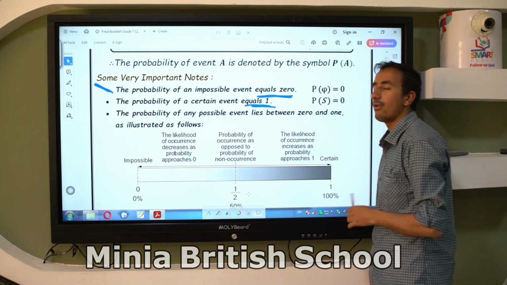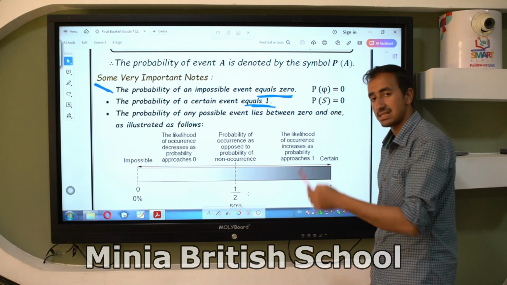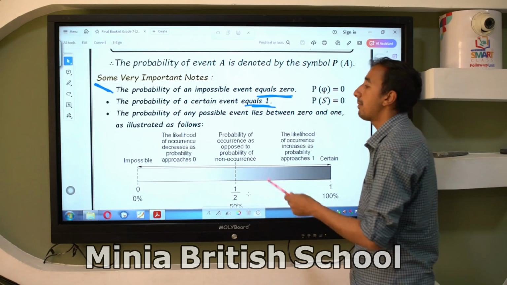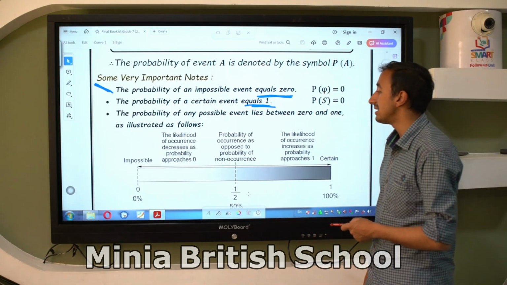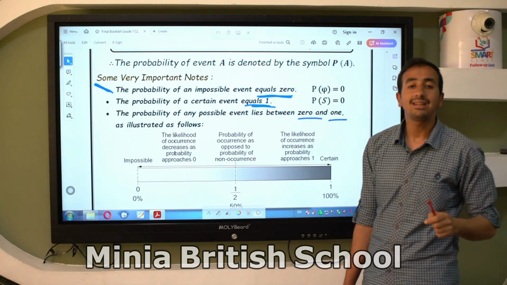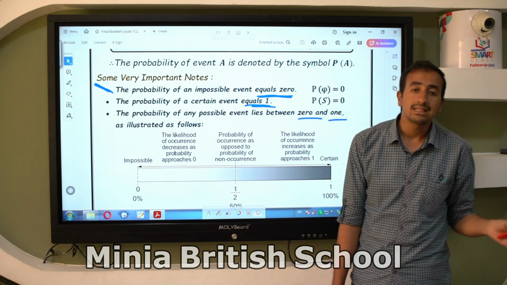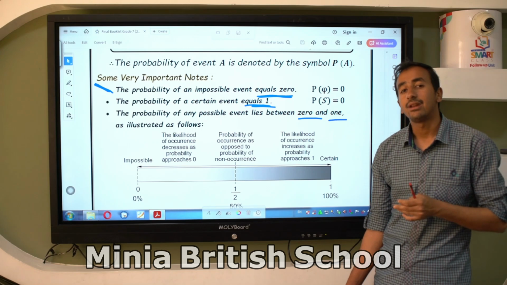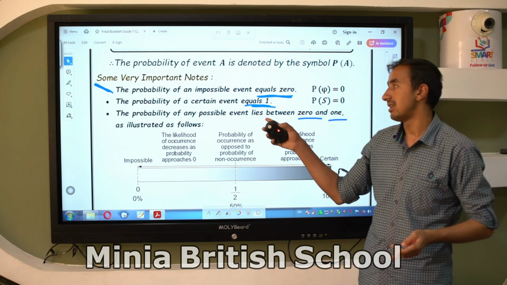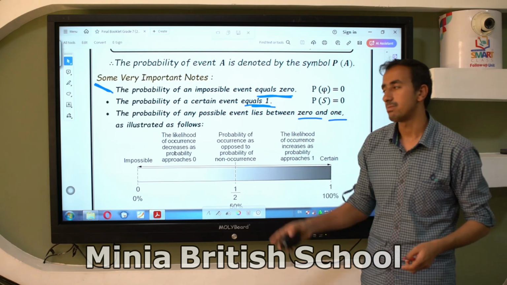For a certain event, I have all of the elements of the sample space over the sample space, which equals 1. The probability of any event is a number between 0 and 1, not smaller than 0 and not greater than 1. It's equal to 1 for a certain event and equal to 0 for an impossible event.